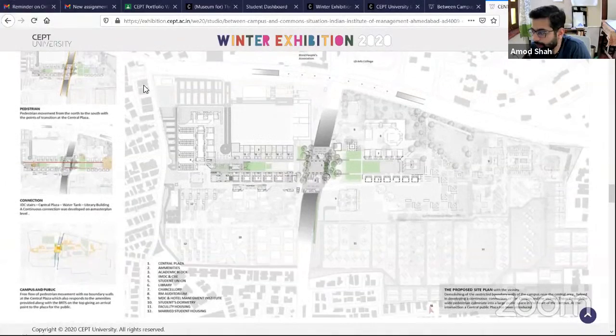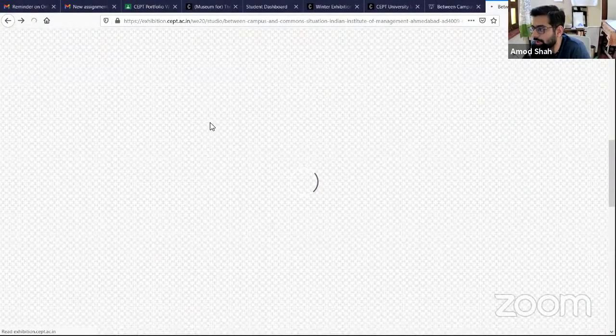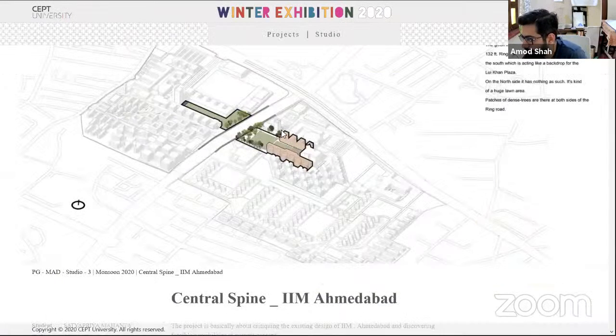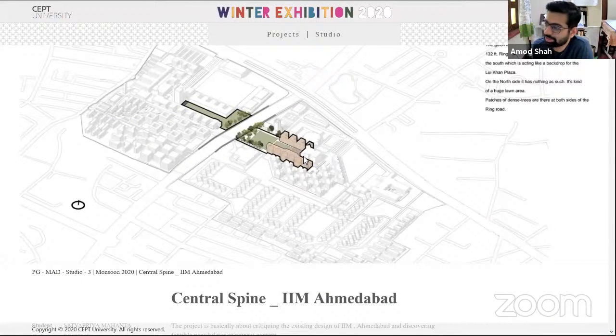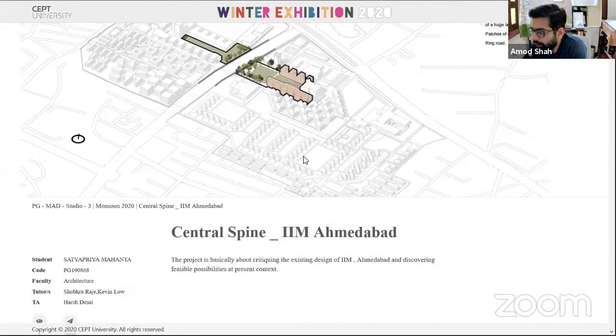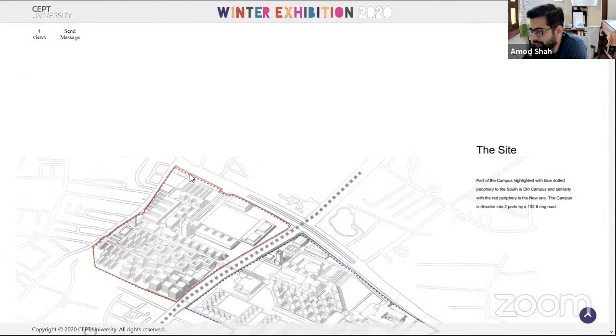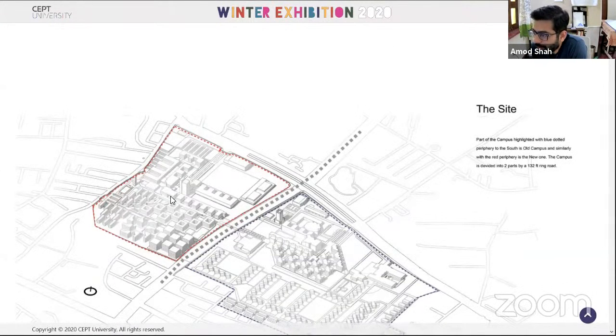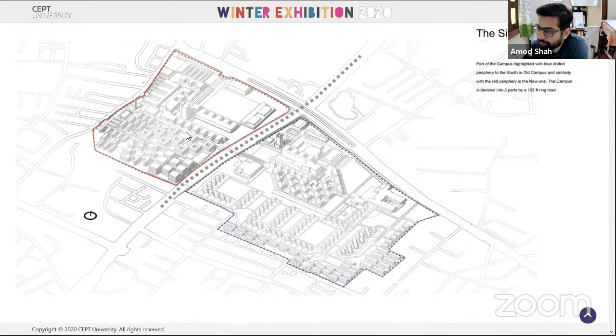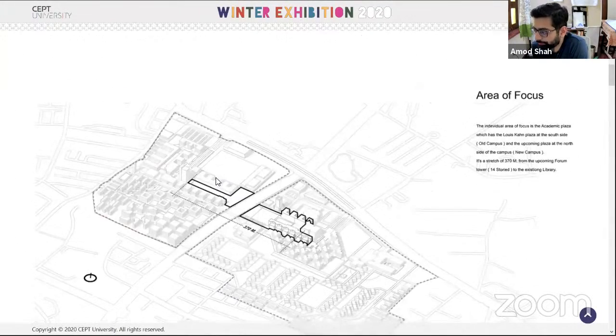So moving to the third one, we look at expansion of that connection into either of the sides. So we connect the Louis Kahn Plaza, which is the renowned plaza on the campus, to the other side, which is the Forum Tower and the new campus, which is being built right now. Part of it is already built, and the rest of it is being added.